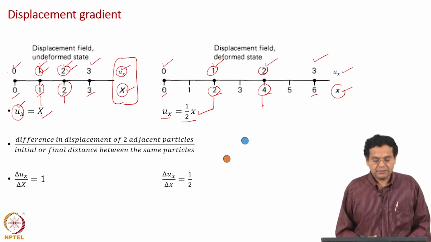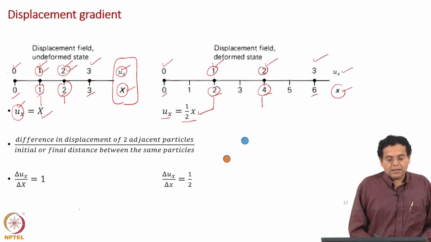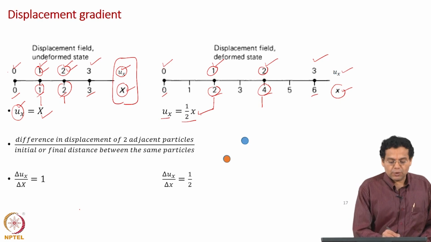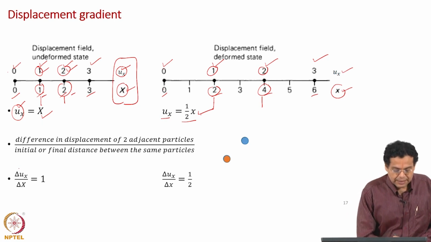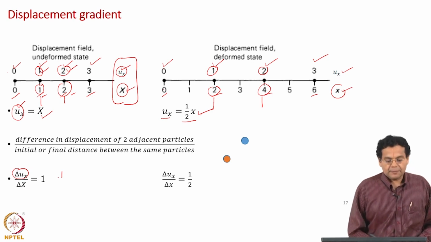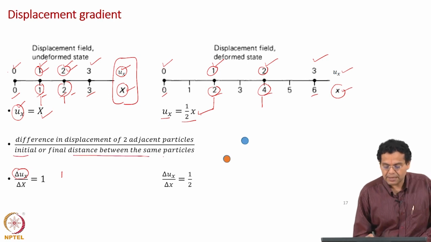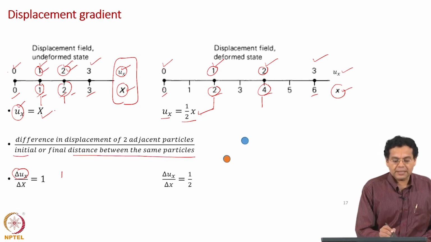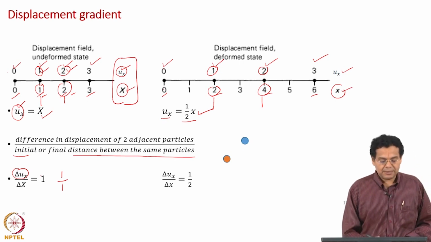delta u x by delta small x is half. Let me repeat, we are considering two particles which were at 1 and 2, their displacements are 1 and 2. So, the difference delta u x tells the difference in displacement, that is 1. For the denominator, in the first case we are taking the initial distance between the same particles, which is 1, giving us a displacement gradient of 1.